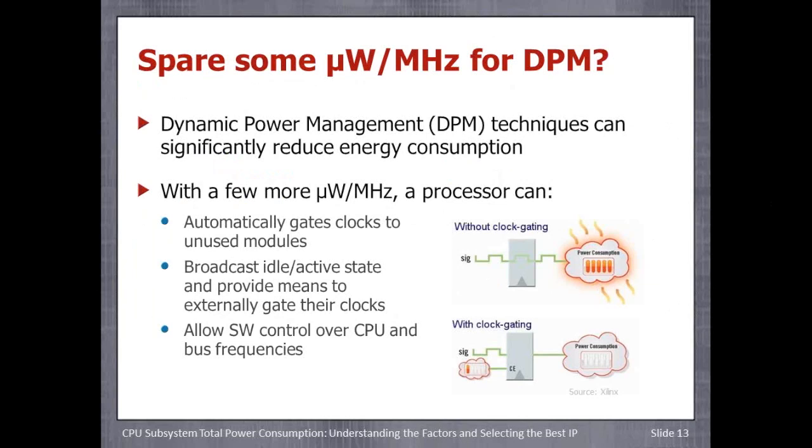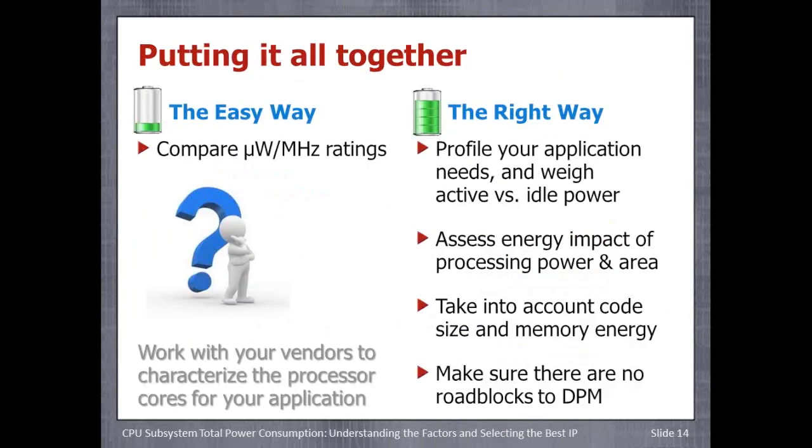So let's put all those together. When you compare different processors and you are looking for the more energy efficient one, you can go the easy way and compare milliwatts per megahertz ratings, or you can go the right way. And the right way imposes that you profile your application needs and weigh active versus idle power.